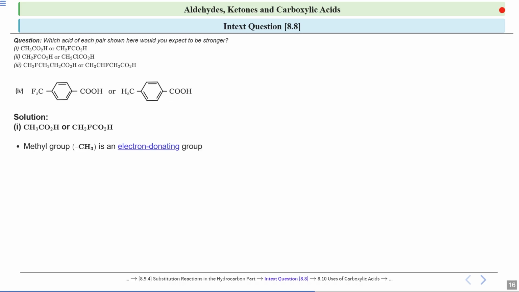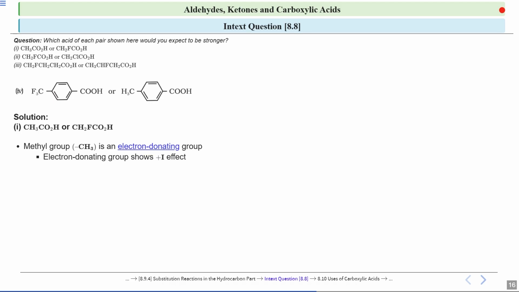In the first one, CH3CO2H, you have a methyl group. A methyl group, which is the CH3 group, is an electron donating group. If it is an electron donating group, that means it pushes the electron density towards the rest of the molecule. And this property affects the acid behavior.